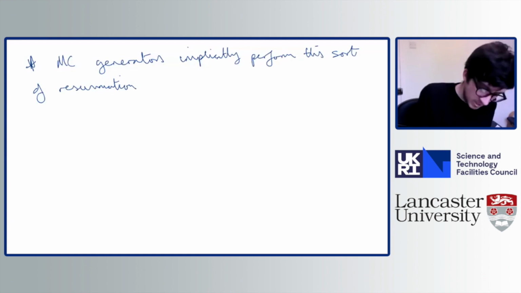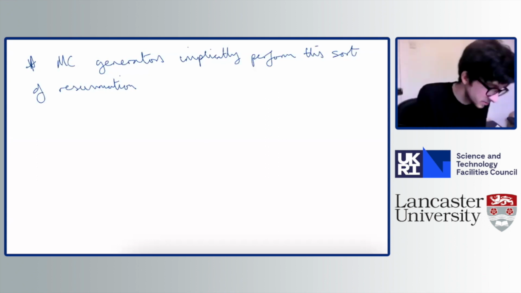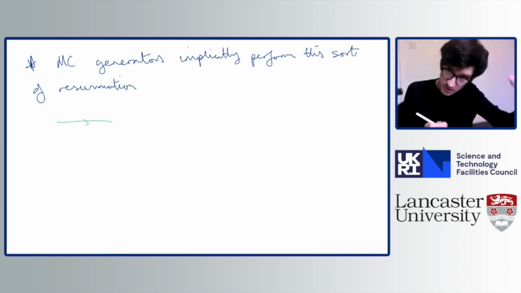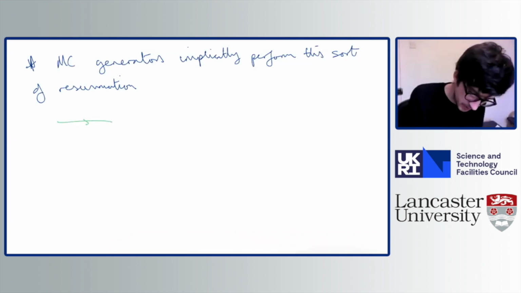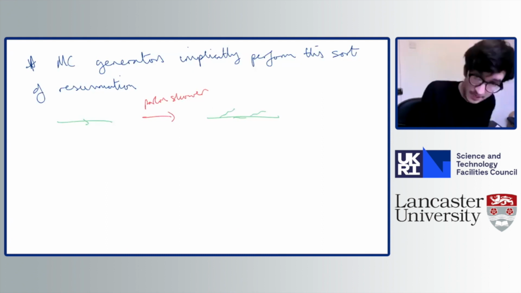Because, again, I've just said, the probability of no emission is very low as long as your resolution parameter is large enough. Well, if you imagine starting with the quark, in this case just the q qbar, and then showering it, what's your parton shower going to do? It's going to address that with a pretty high probability, with a load of extra things being emitted, extra gluons being emitted like that.